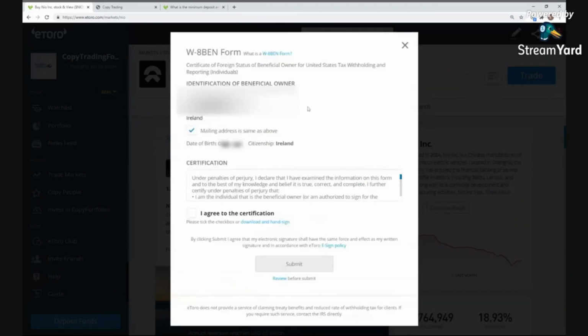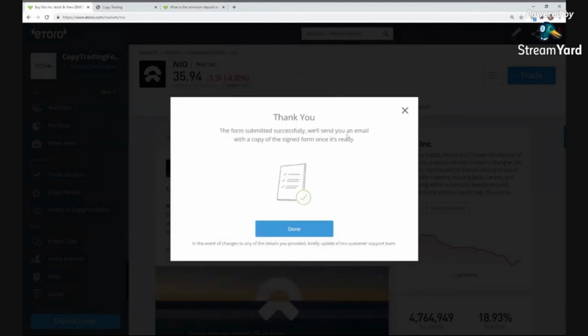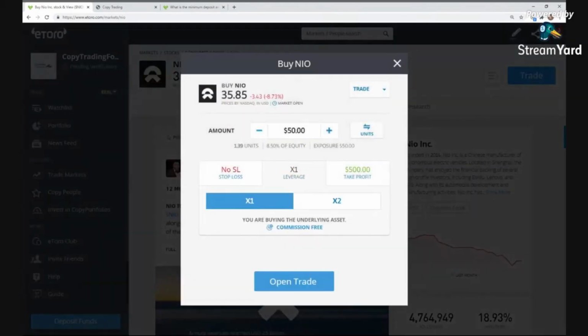So this here, you have to fill out this form, guys. Certification of status of ownership, mailing address. Okay, just agree to the terms and conditions there. Thank you. The form, we'll send you an email with a copy of the form once it's ready. Done. Okay. So let's see. Okay, now I can buy stocks now. Let's see what I can do.